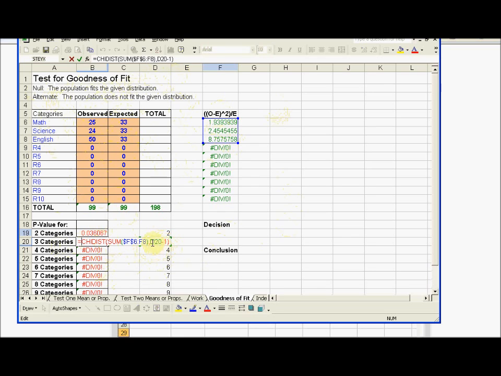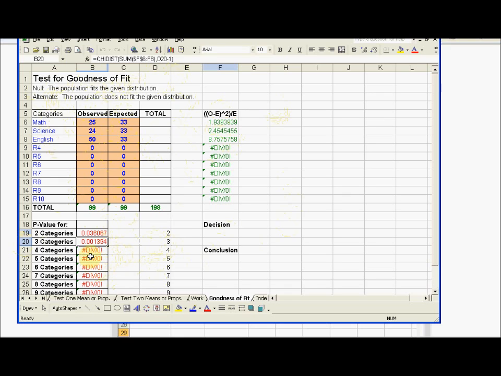So I'm calling cell D20 in column D, row 20. And that's the number 3. So 3 minus 1, so 2 degrees of freedom. And that's really the basics of the CHIDIST function in Excel. But what it gives you is then the p-value right there. So this is the p-value, 0.001.